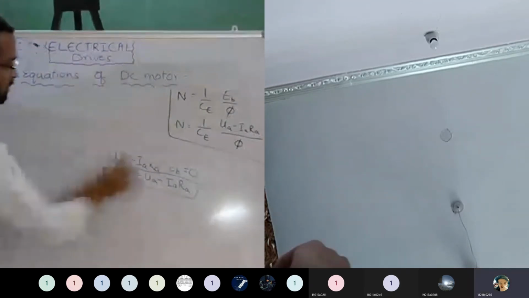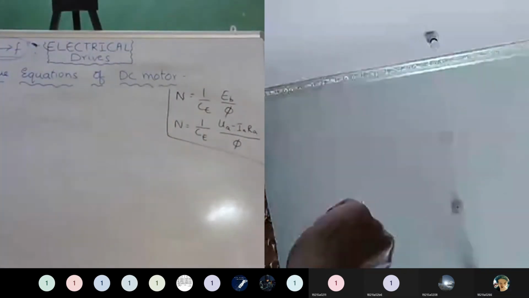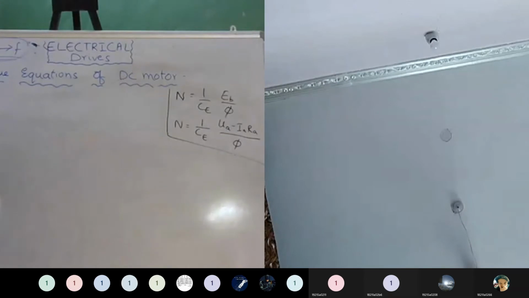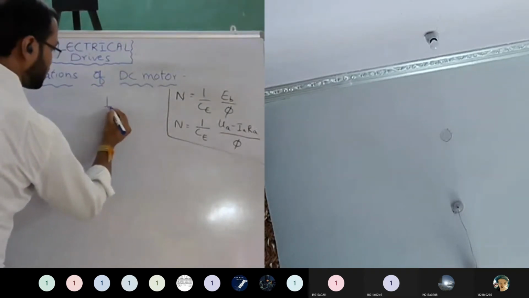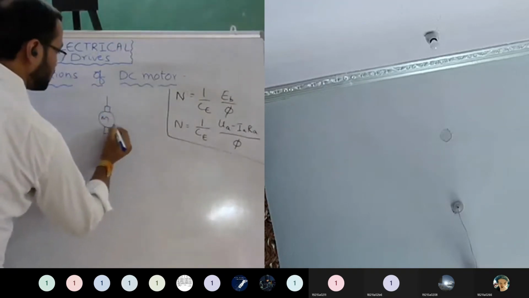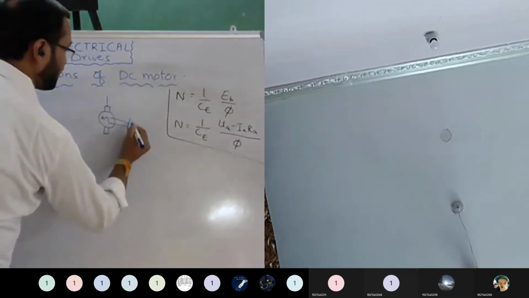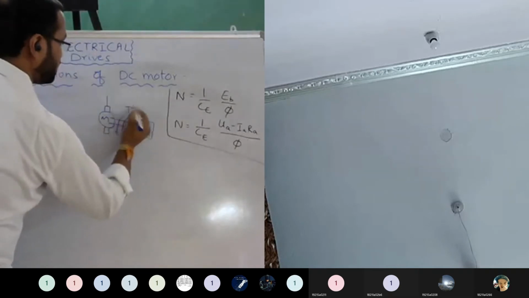Okay. Now we want torque. So what is the torque? As we discussed before, suppose there is a motor. This motor will run some load, so some torque will be there.